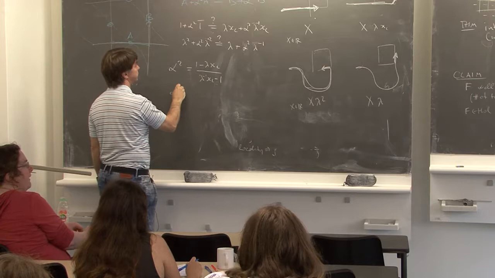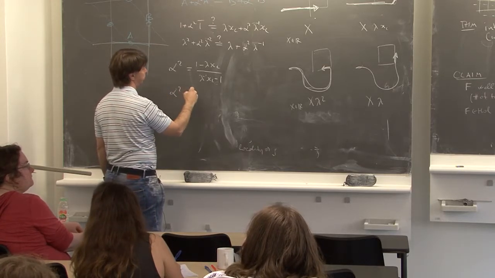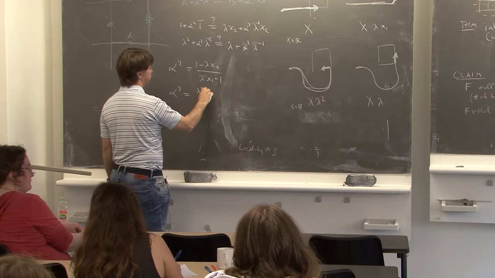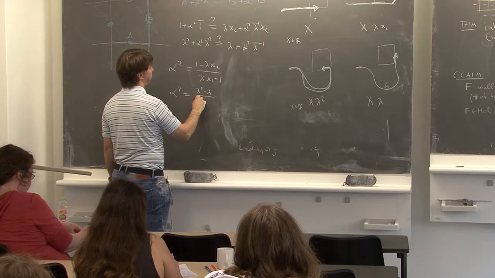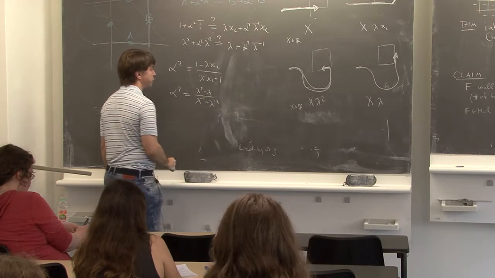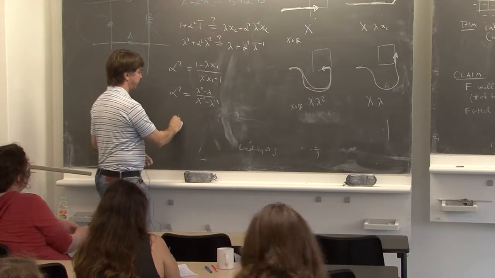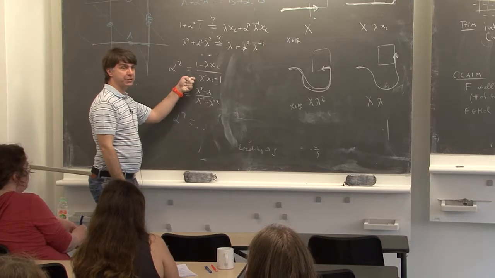The second alpha squared is lambda squared minus lambda over lambda inverse minus lambda minus 2. So it turns out that, since there are more equations, these 2 numbers coincide.